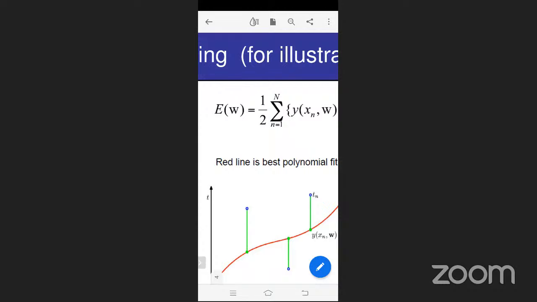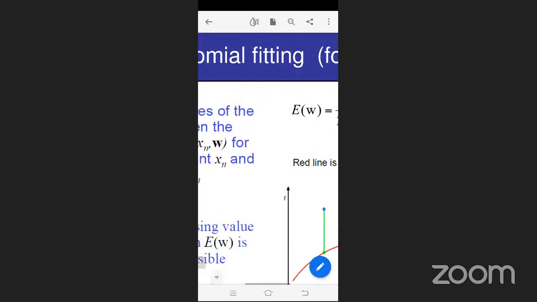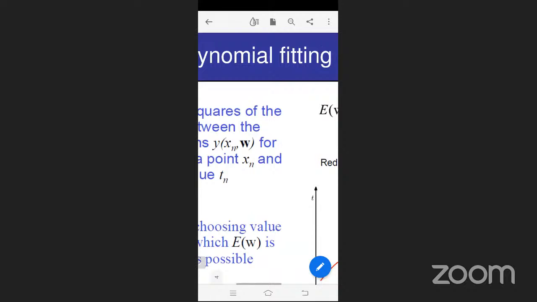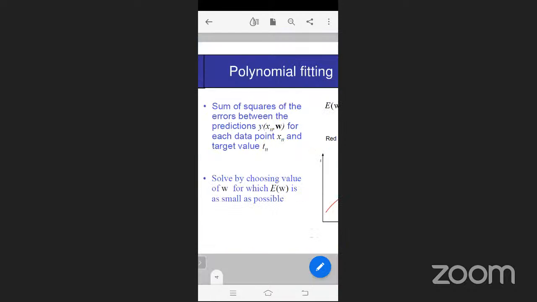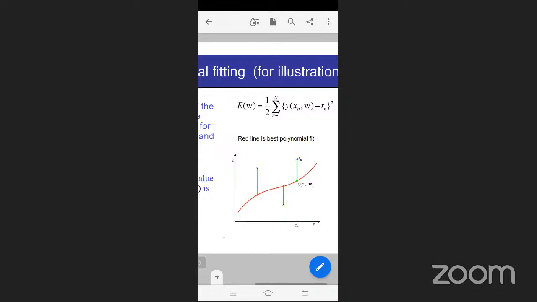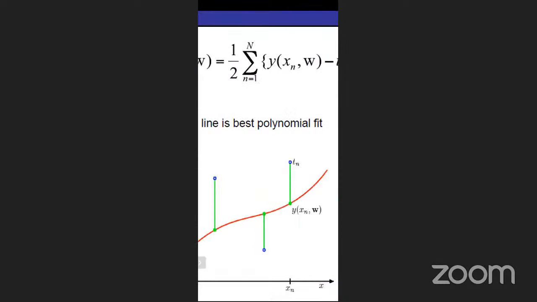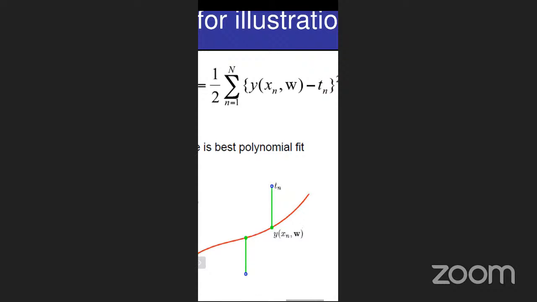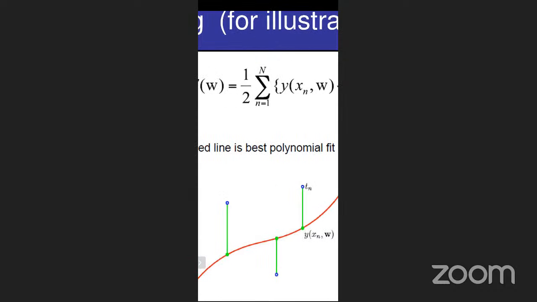What I'm interested in is the sum of squares of the errors between the predictions and each data point with the target value tn. Targets are the actual values. The predicted values are y(xn, w) for the same xn. Now this half is used for a particular reason, just to simplify your evaluation when you do derivatives.